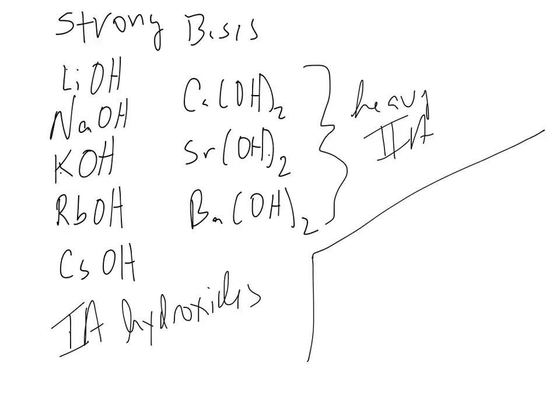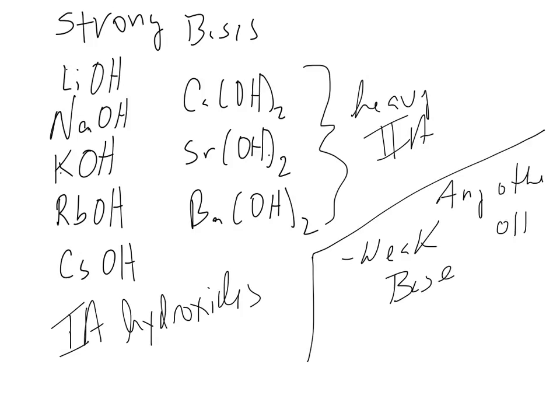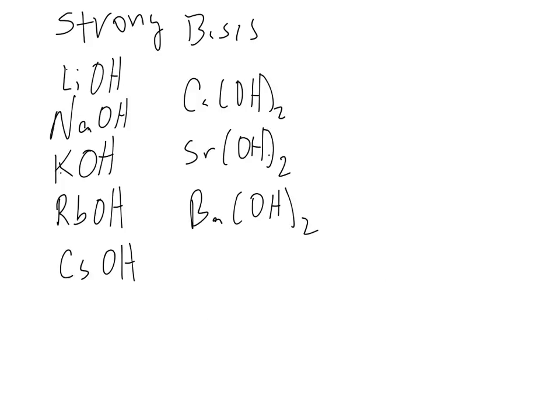These guys are all strong. If you have any other hydroxide, it must be a weak base. Any other base you encounter must be a weak base. These are our only strong bases.